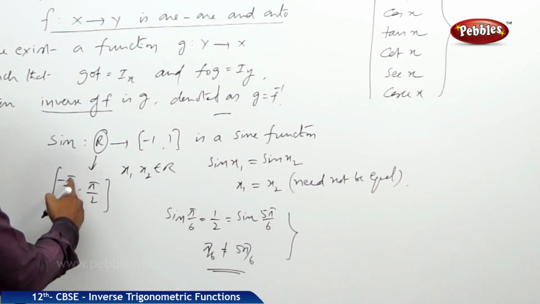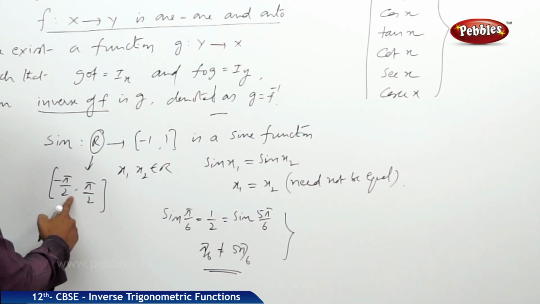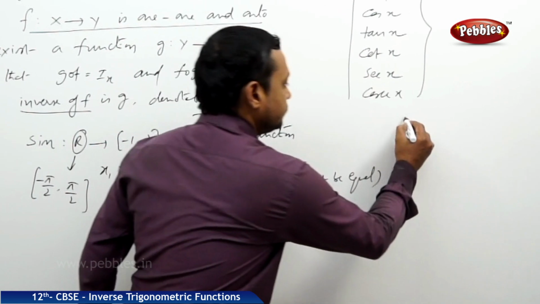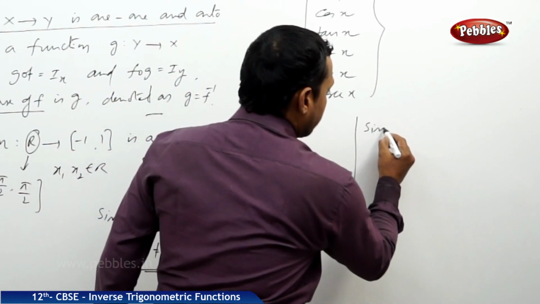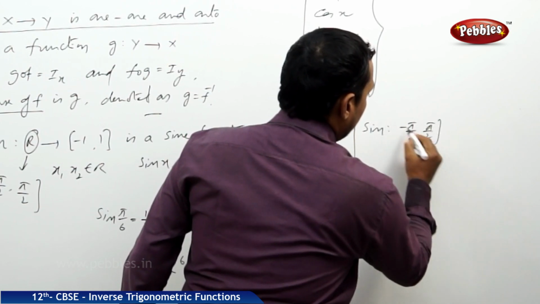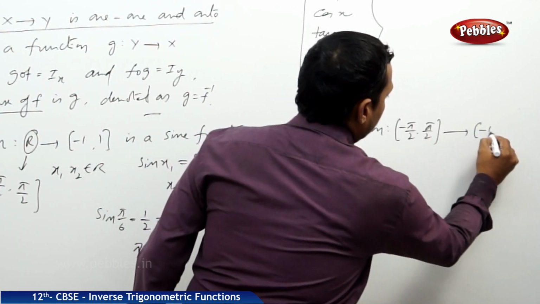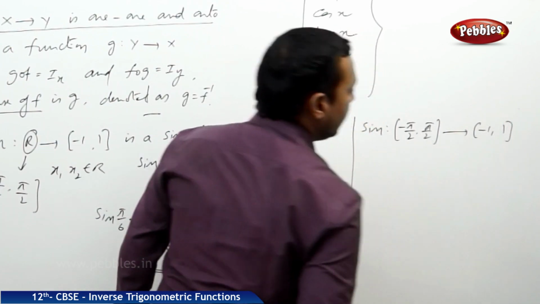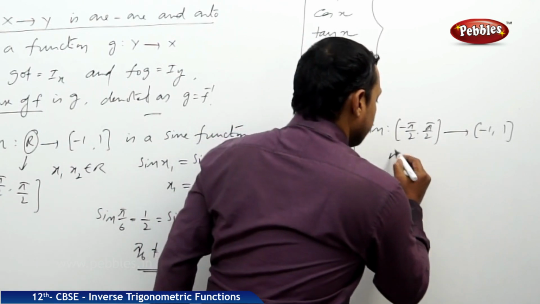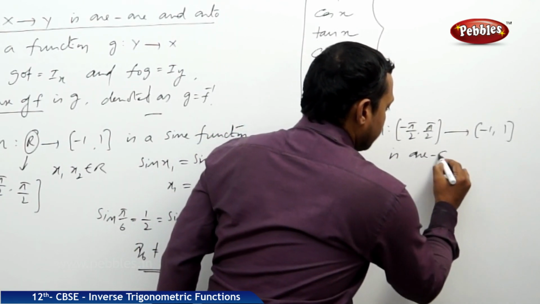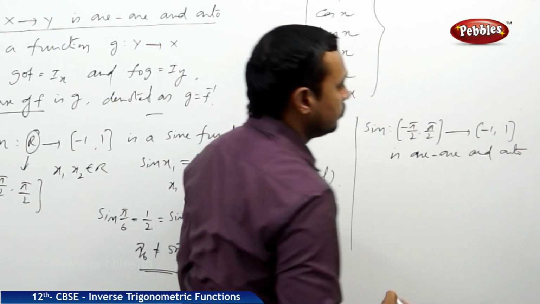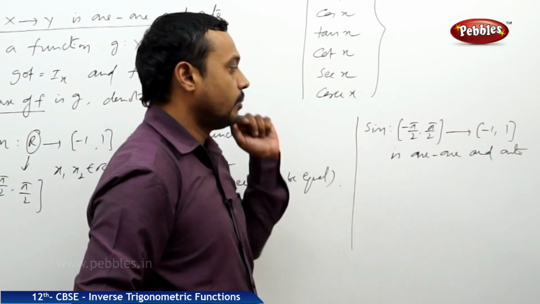Now see here, sine function from minus pi by 2, pi by 2 to minus 1 to 1. Now here in this domain, sine is clearly 1 1 and not only 1 1 but also onto, because range is equal to codomain.